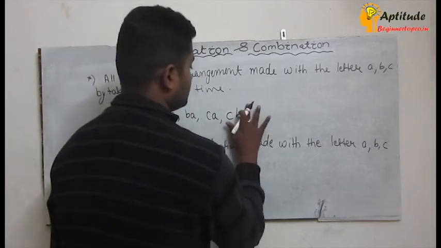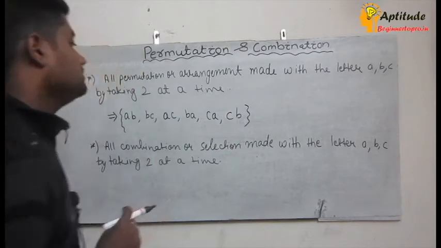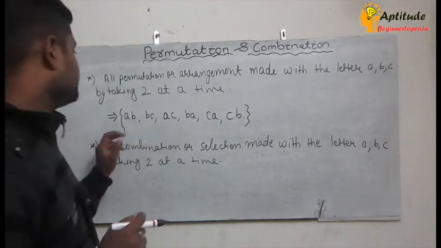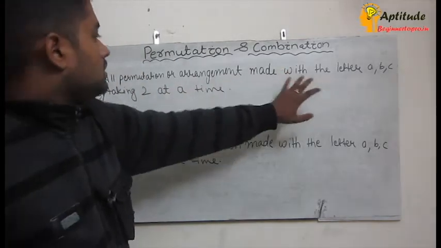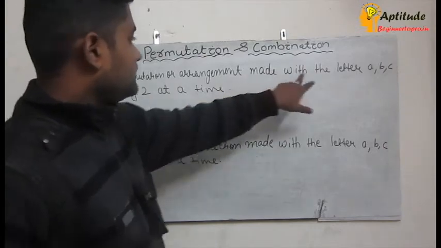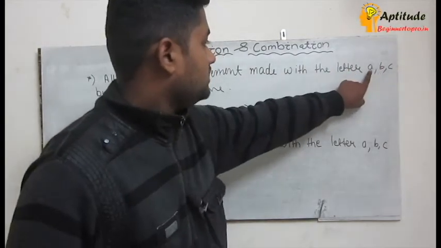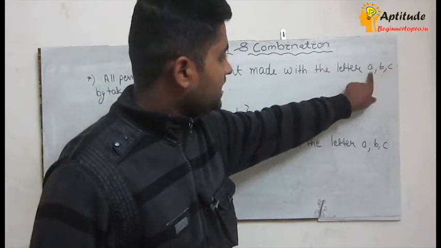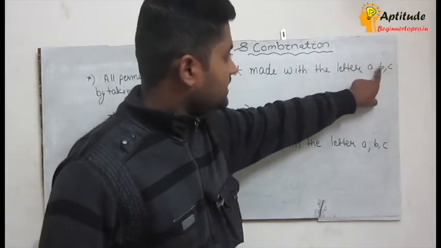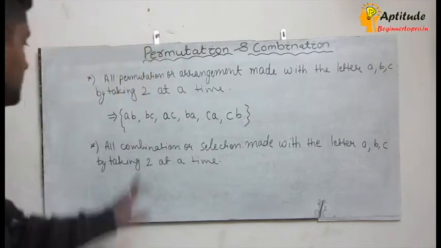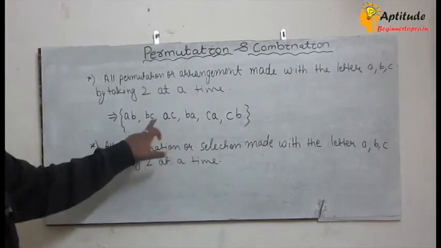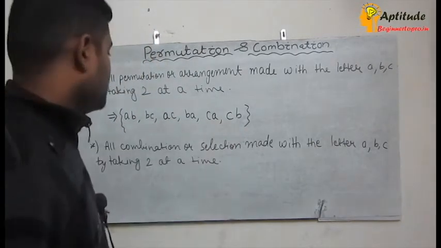So the permutations made with the letters ABC by taking two at a time are AB, AC, BA, BC, CA, CB.